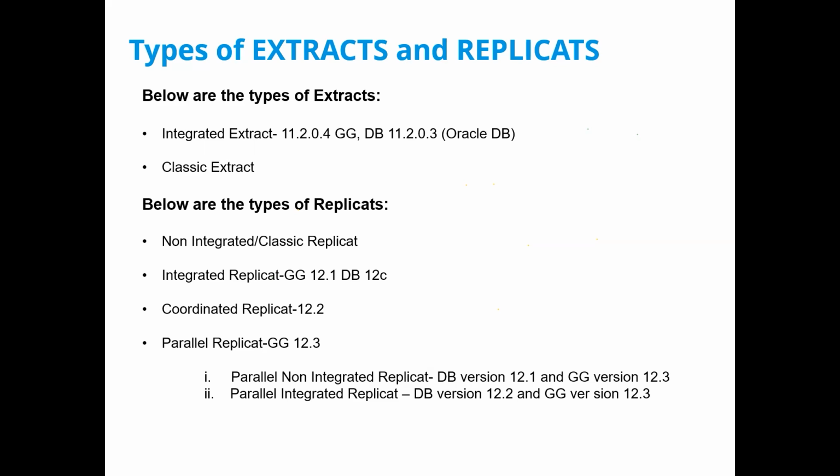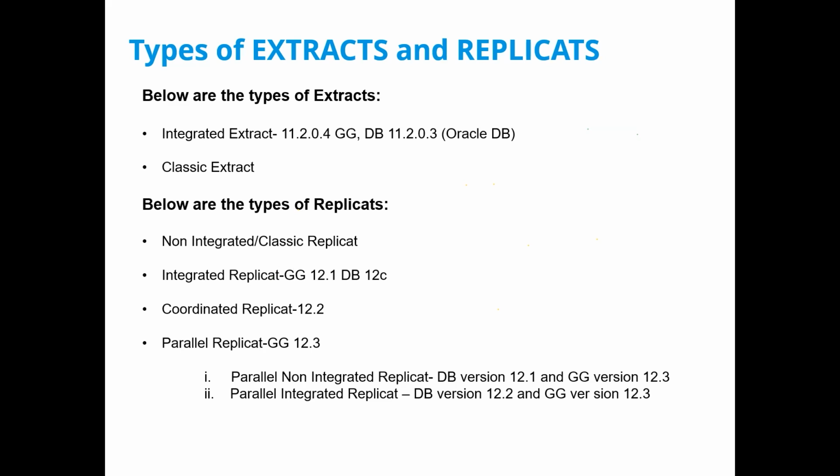Now, the different types of replicates present in the Oracle GoldenGate environment: there is non-integrated or classic replicate. When GoldenGate was initially there, it was simply called replicate. Once integrated replicate was introduced, the existing one was renamed to classic replicate. Then you have integrated replicate.